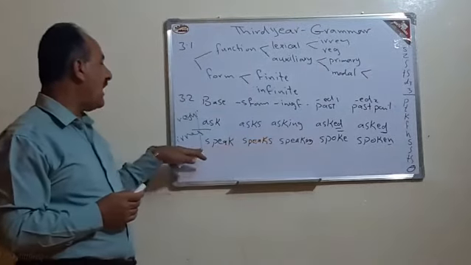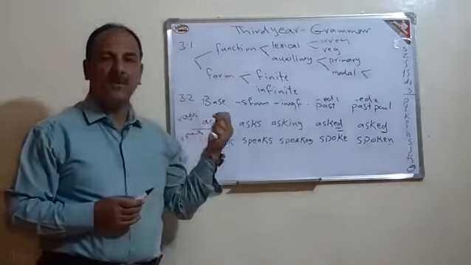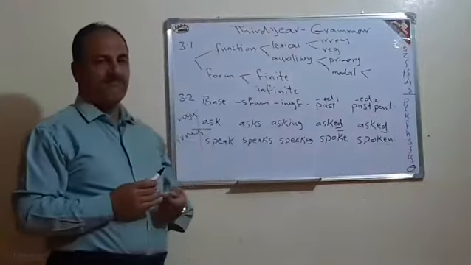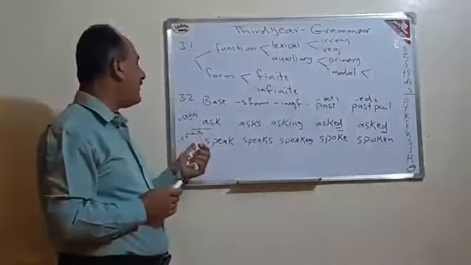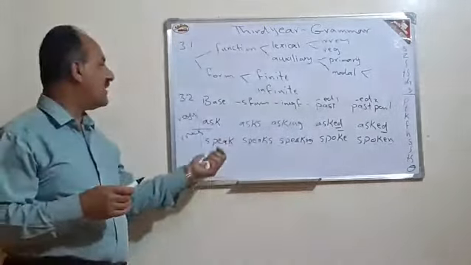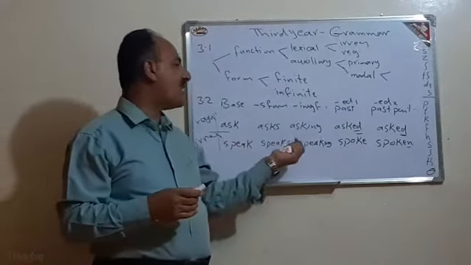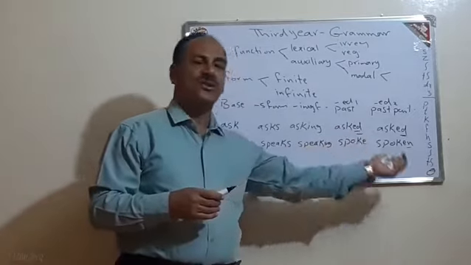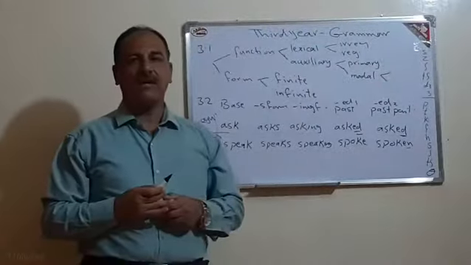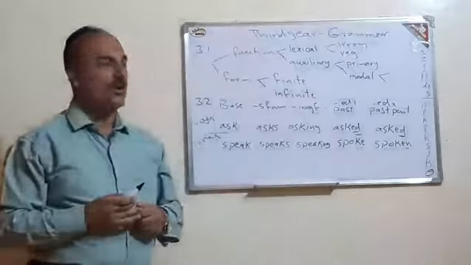This is again how to divide. Regular verbs means the majority of the verbs, while the minority of English verbs are in the second group, like drink: drinks, drinking, drank, drunk, or for example write: writes, writing, wrote, written, etc. So this is how we divide the verbs according to whether they are regular or irregular.